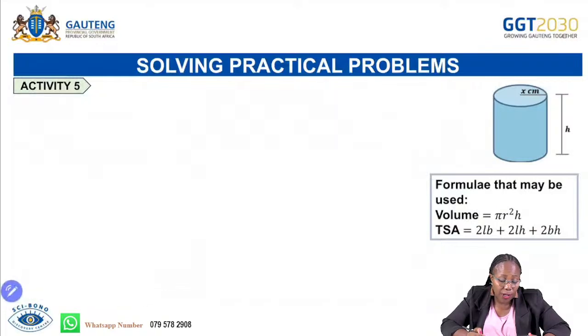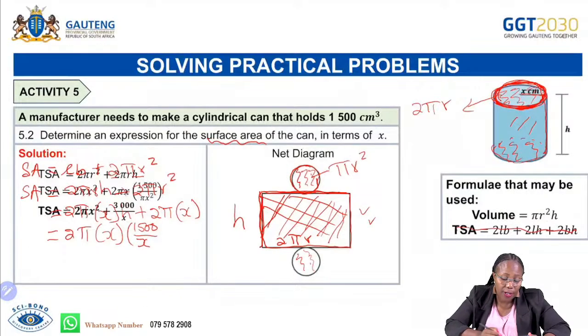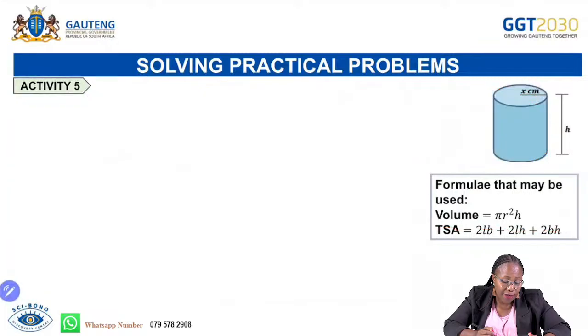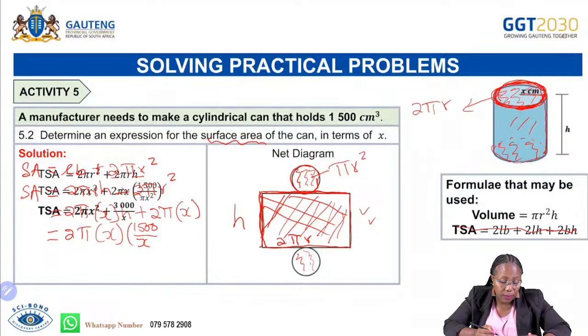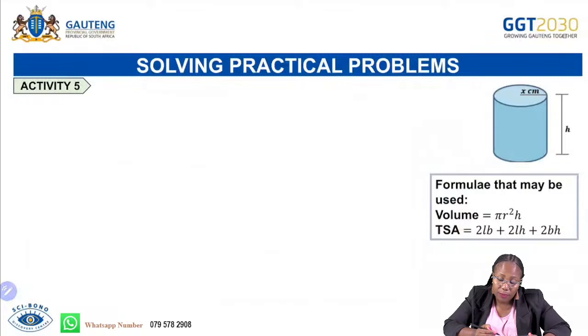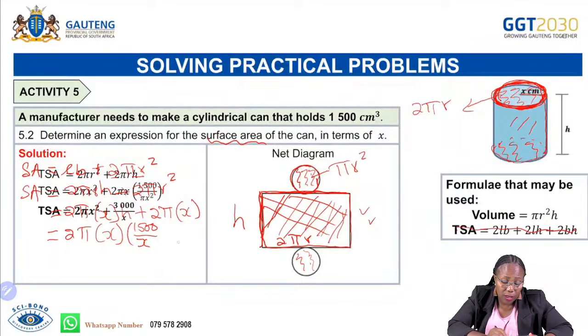Okay, so we end up with the total surface area being, let's rely on this one, pi x squared plus the 2 pi x.